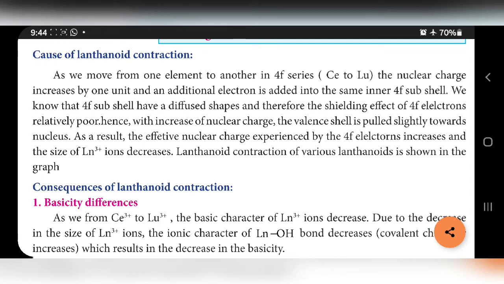Here in this paragraph, the cause of lanthanide contraction, they explain the reason why size decreases. We can explain this lanthanide contraction by only one term, that is imperfect shielding of the 4f electron.